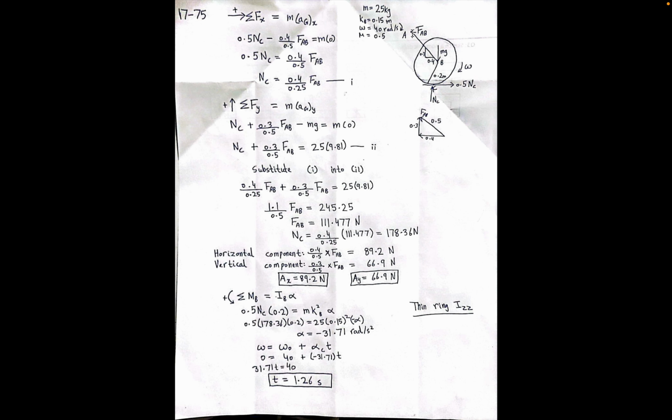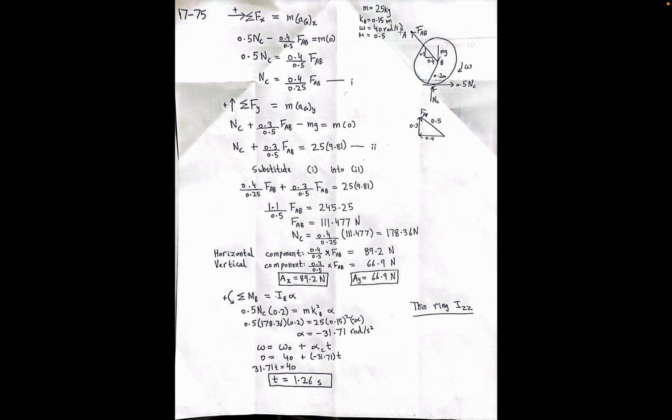And then there will be a force FAB, so we break it down into its components 0.3 and 0.4 because we knew the dimensions of the AB handle, which has a horizontal distance of 0.4 and a vertical of 0.3, and we know the angular velocity, which is 40 radian per second in the clockwise direction.